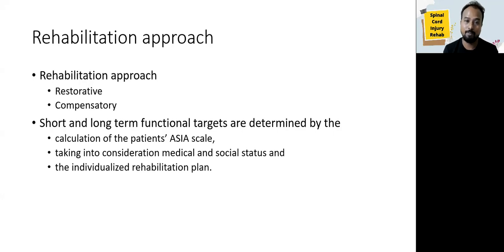But as a physiotherapist, we need to determine the severity and extent of recovery that is possible. So the ASIA scale here plays a significant role. Again, in the last video, we discussed, in a complete lesion, what are all the possible expectations a patient can have depending upon the level of lesion. If you want, again, you can go back to that video and check this out.